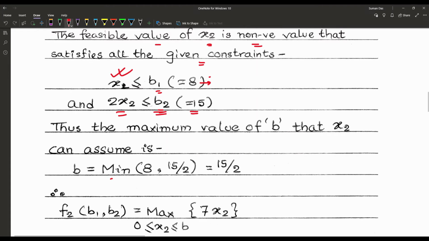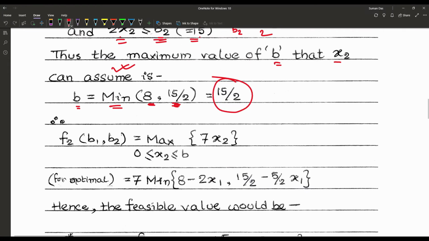Thus the maximum value that x2 can assume is equal to b, or the minimum of 8 comma 15 by 2, that is obtained from here, 2x2 less than or equal to b2, equal to 15. So b2 gives 15 by 2, and for b1 that is 8. So b is equal to the minimum of 8 comma 15 by 2, and the minimum value is 15 by 2.